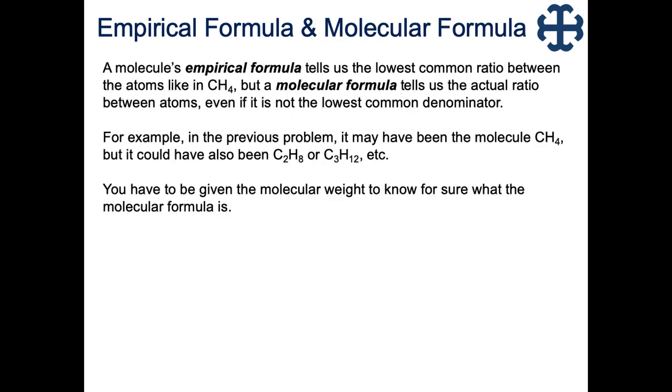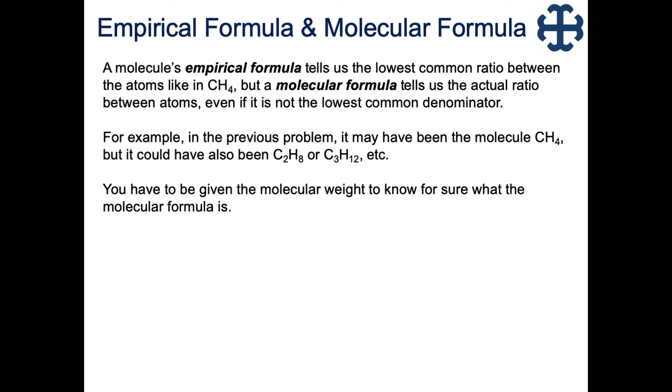However, there's a difference between an empirical formula and a molecular formula. The empirical formula tells us the lowest common ratio between atoms, like CH4, whereas a molecular formula tells us the actual ratio between atoms, which is not necessarily the lowest common ratio.